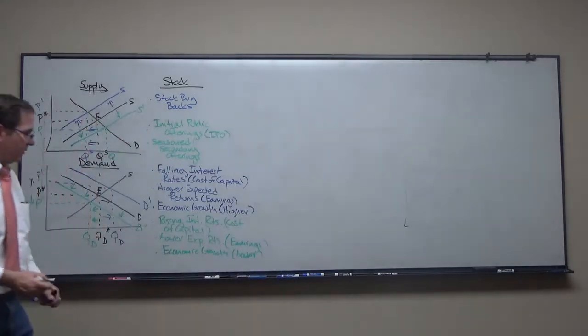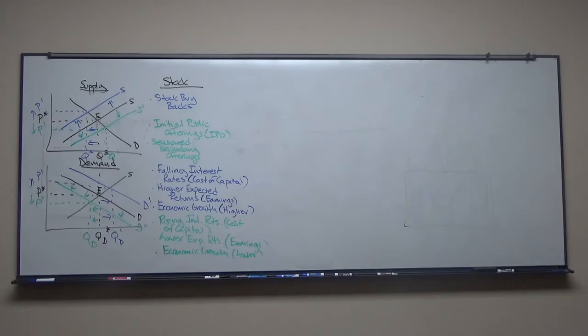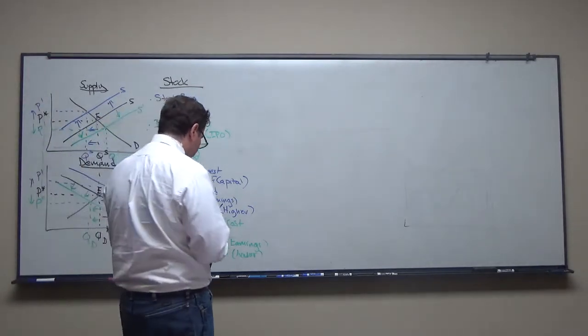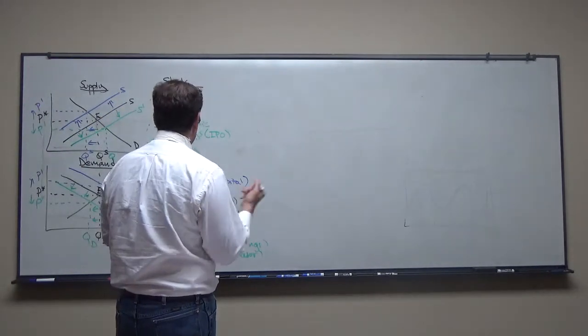So those are the supply and demand factors that would cause stock prices to go up and down. The other, it would be financial. And what I'll do is I'll use the Gordon growth model for the illustration.